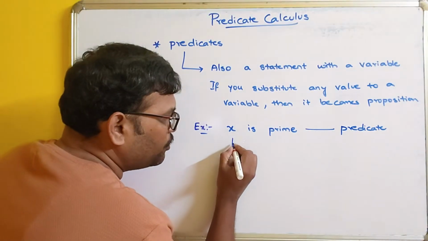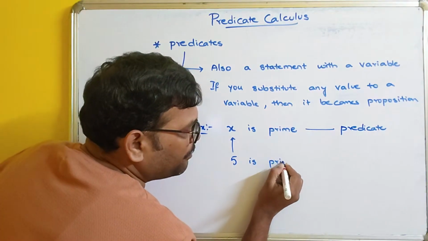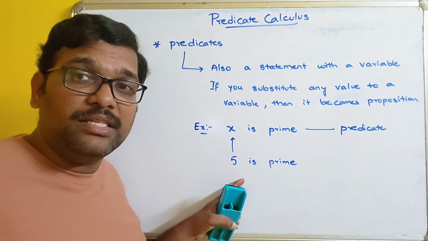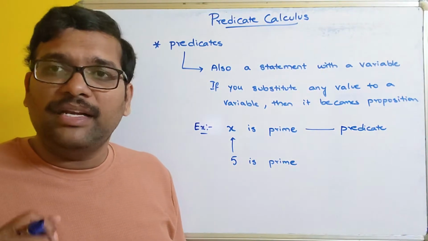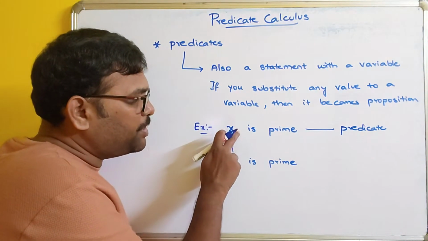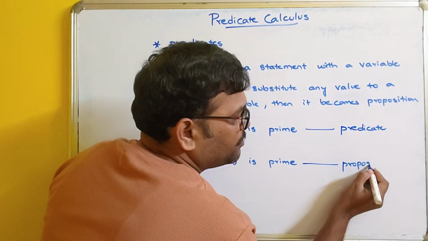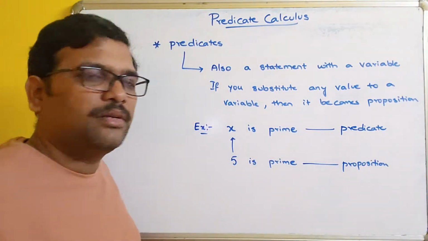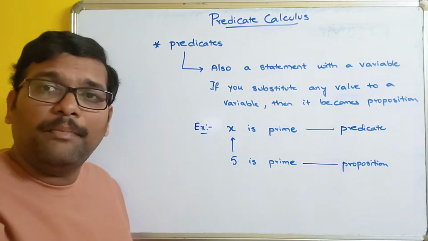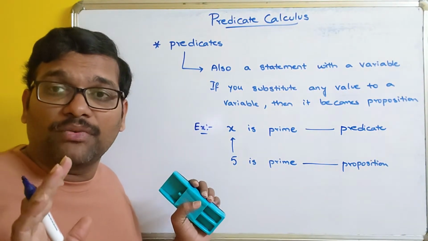And if you substitute a value for x, for example 5 is prime, now you can say the truth value of this particular statement is true. Definitely it will be true. So if you substitute some value for this variable, it becomes a proposition. This is the difference between a predicate and a proposition. In a proposition, we directly give the statement which is either true or false.